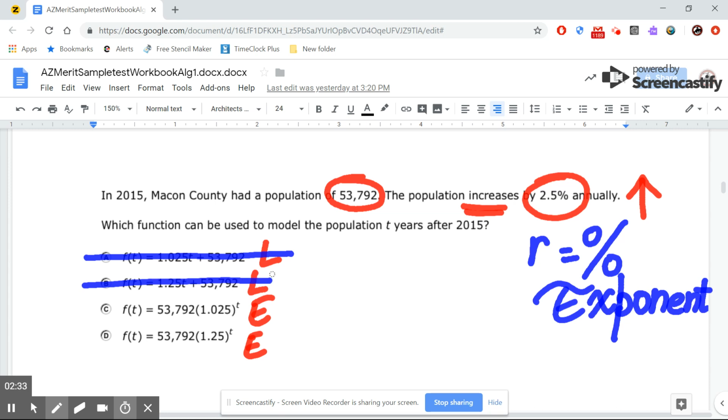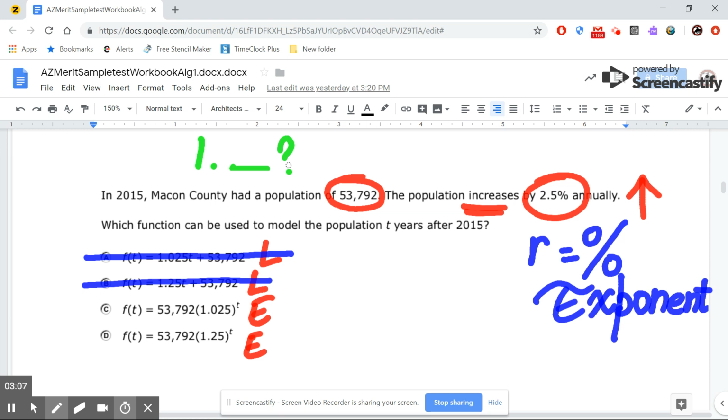Now we are left with two exponential functions, and we can go ahead and choose the right option. In order to do that, we need to change our rate, which is 2.5%. If you think of it as out of 100 cents, how many cents am I looking at? I'm just looking at 2.5 cents. So this choice here is 0.25. Always remember, in growth questions, your rate will change to 1 point something.